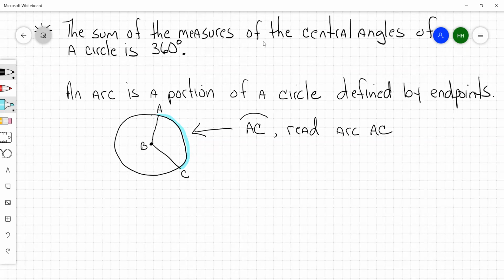All right. You've got two types of arcs. You've got a minor arc and a major arc. A minor arc is the shortest arc connecting endpoints.